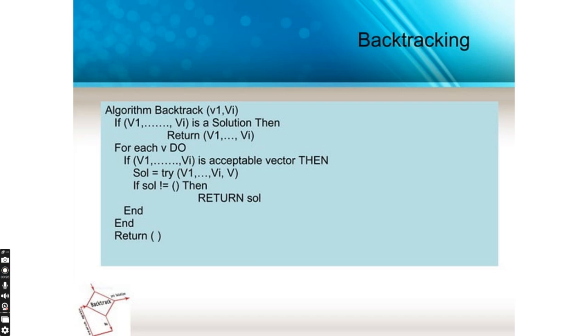For each vector, if V1 to Vi is an acceptable vector, then try the solution. If a solution is not available, then return. When we see an example, you can understand the backtracking algorithm easily.